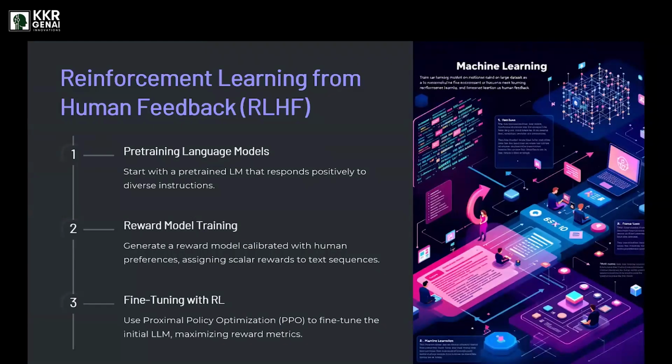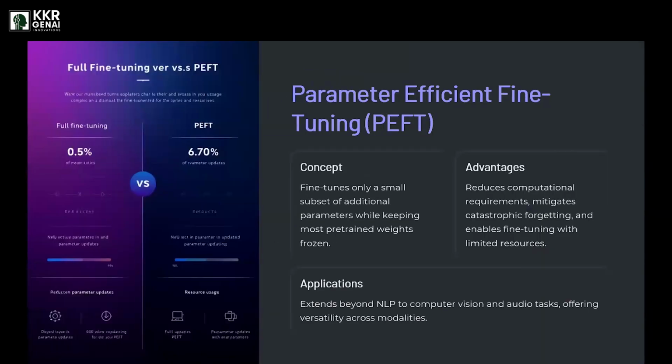For reinforcement learning from human feedback, for example, right now most of the models being generated use reinforcement learning fine-tuning at the last stage of the pre-training. But this is a huge, vast topic and there is a lot of information you have to know in order to learn it, so today I will be mostly focusing on parameter efficient fine-tuning.